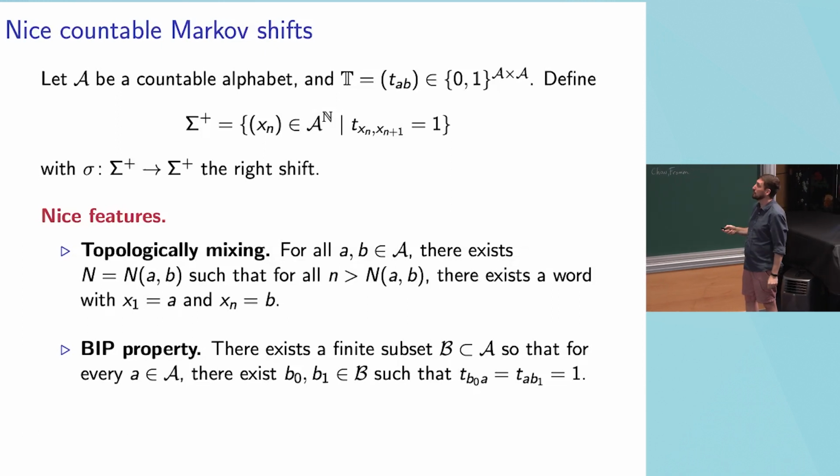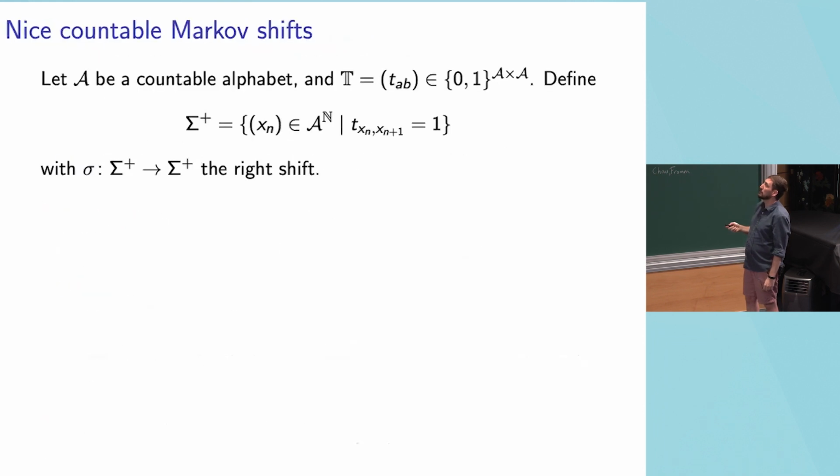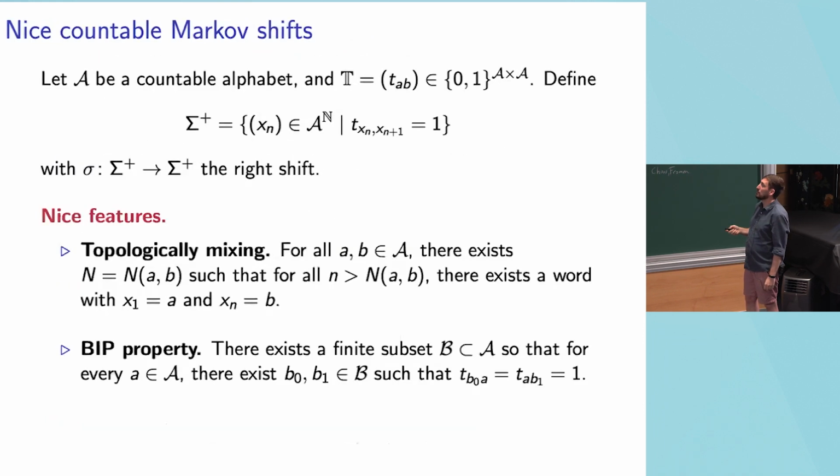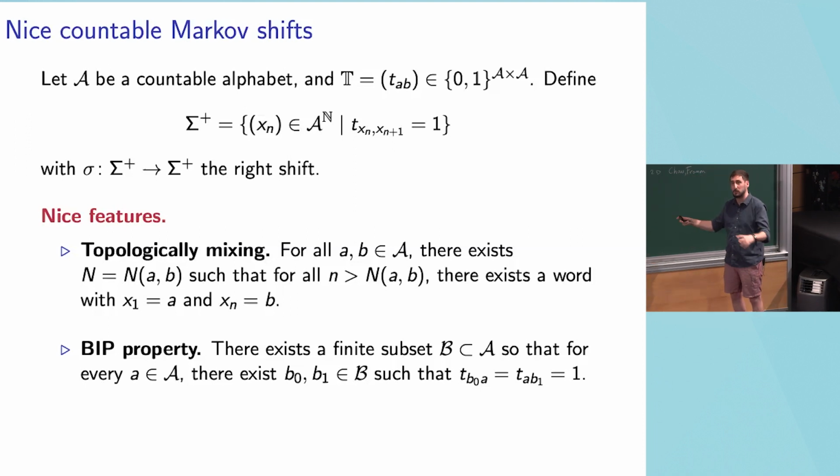Okay, so more precisely, I have a finite subset, so that for every letter A, I can always find 2 letters in B such that I can follow B0 with A, and I can follow A with B1. Okay, that's what it means. Somehow, you should think of this as your surface maybe as cusps, but there is a compact part.